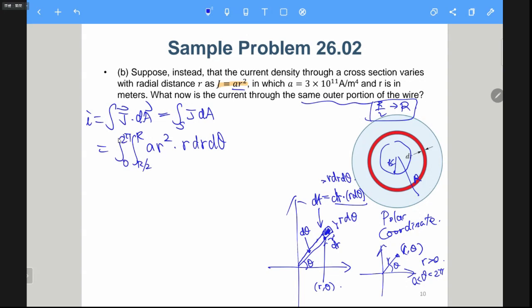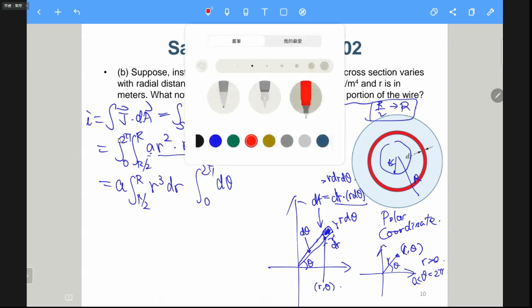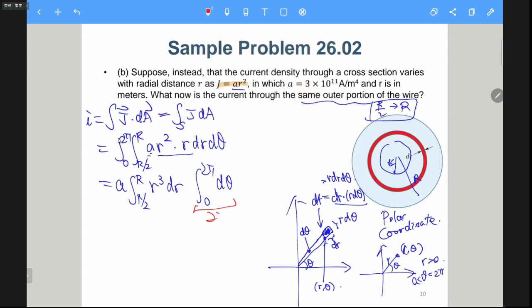So this double integral is easy because we can just separate the variables. A is a constant, so we put it outside. And then we have r cubed here, dr, from R over 2 to R. And then d theta, which is just 1, from 0 to 2 pi. So this is easy. This is 2 pi.